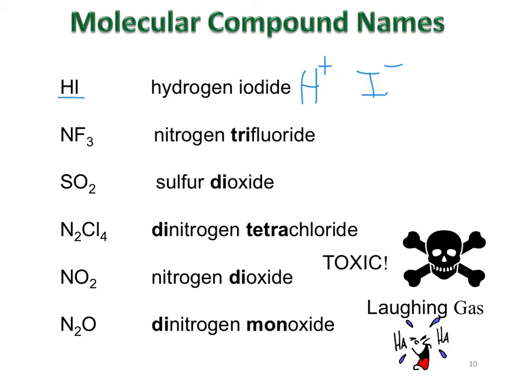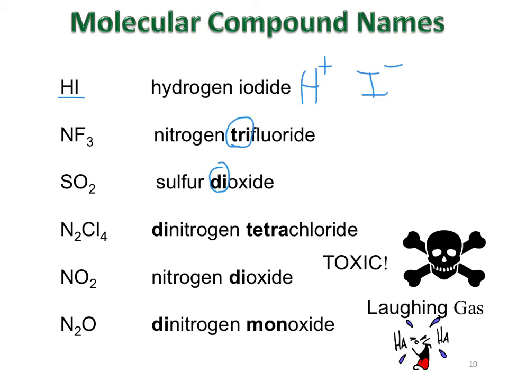Hydrogen and any of the halogens, iodine, chlorine, bromine, fluorine, only form one compound, and therefore we will not see mono in any of the hydrogen halides. NF3 is simply nitrogen trifluoride. Remember, no mono at the front there. SO2 is sulfur dioxide.